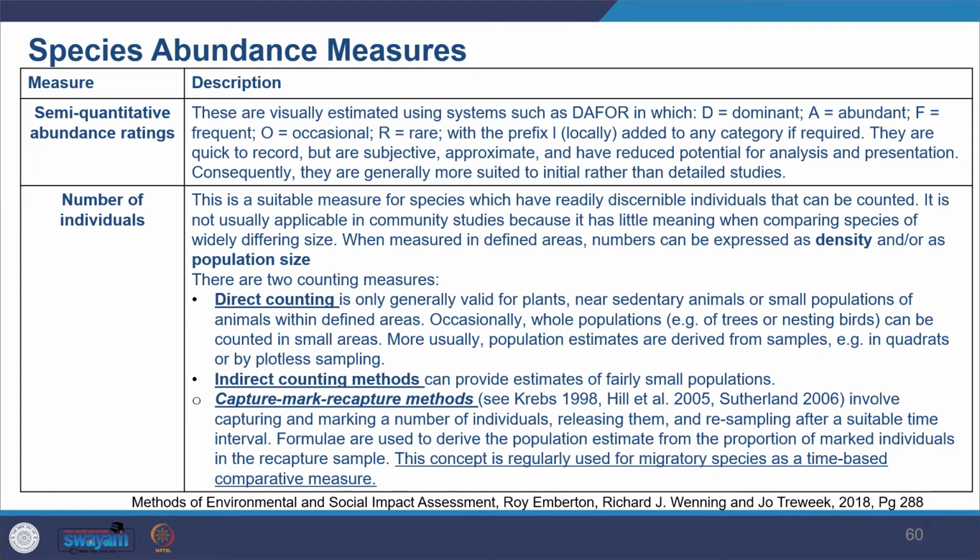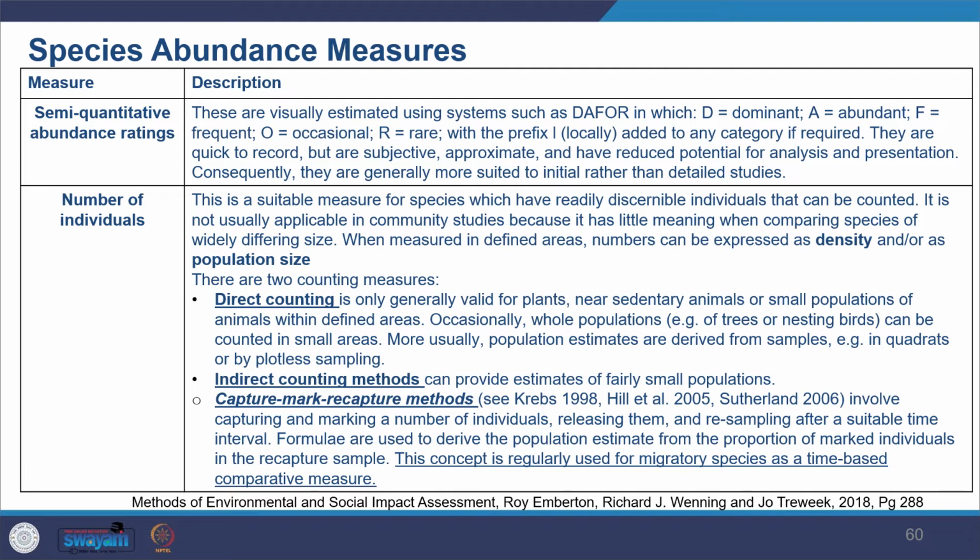And then the indirect counting method can provide estimates for small populations, and for this you use the capture-mark-recapture method. You capture the animals in the area. This involves capturing the animals and marking a number of individuals, and then you release them, and then you resample after a suitable time interval and count them back.